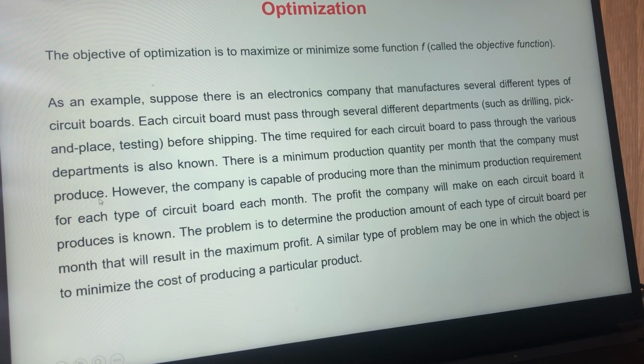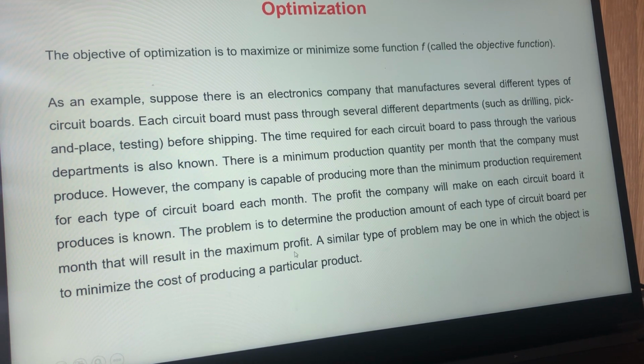Let's say this is your aim, right? However, the company is capable of producing more than the minimum production requirement for each type of circuit board each month. And the profit the company will make on each circuit board it produces is known. So you know the profit for each circuit board. And the problem is to determine the production amount of each type of circuit board per month that will result in the maximum profit. Of course, each company's aim is having the maximum profit.